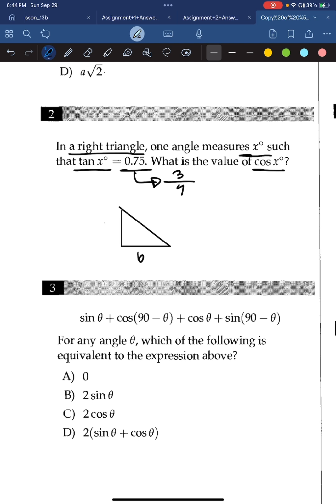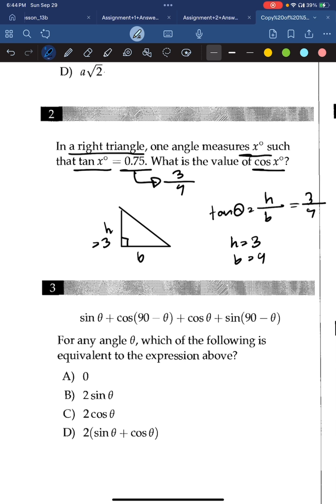This is our base, this is our height, and this is our opposite. We know tan theta is equal to height over base, and we also know tan x degrees is equal to 3 over 4. So from this we can see height is equal to 3 and base is equal to 4.